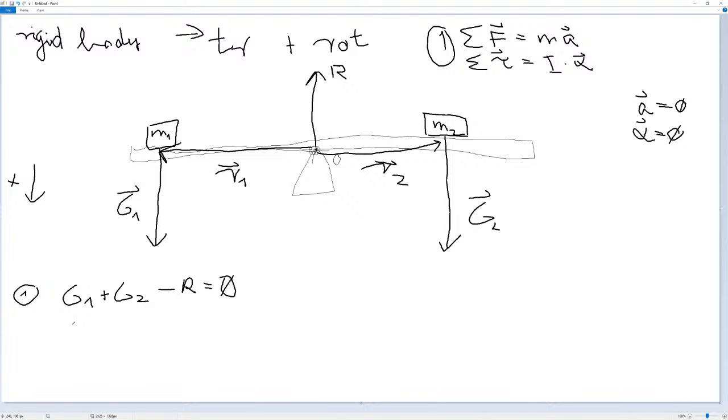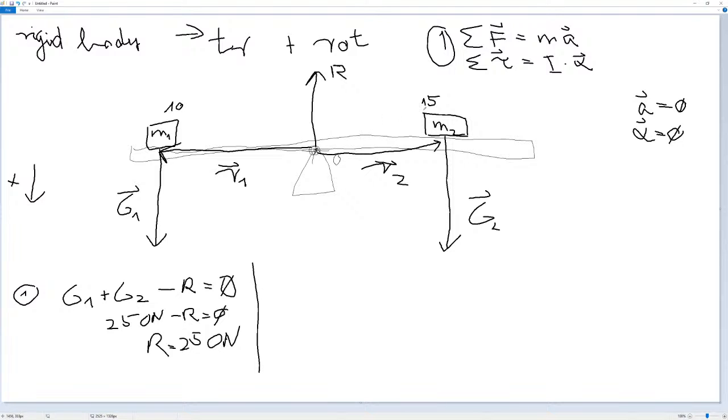That means if this is 10 kilogram, if this is 15 kilogram, as in the example, this is 250 Newton minus R equals 0, which means R equals 250 Newton.